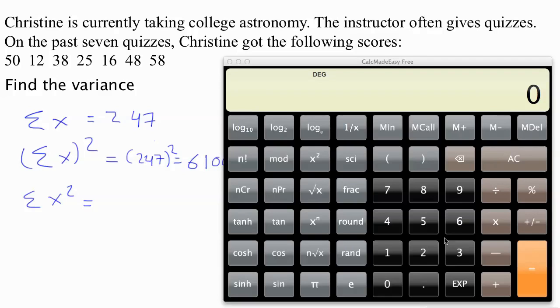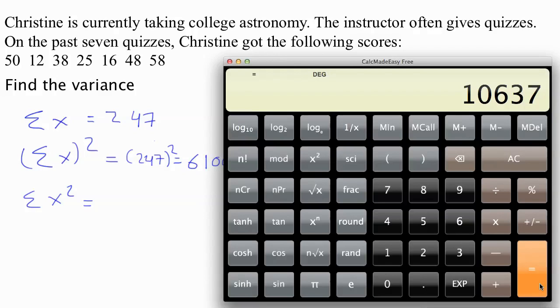Now this is 50 squared plus 12 squared plus 38 squared plus 25 squared plus 16 squared plus 48 squared plus 58 squared equals 10,637.